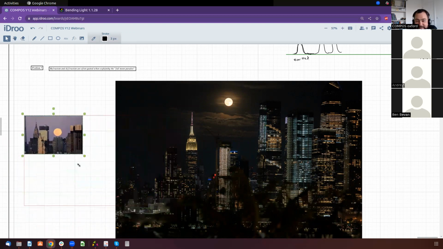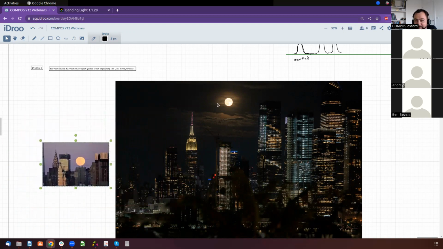Whereas when it's high above in the sky, our brain thinks the moon is actually closer to you, and automatically makes your brain think that it is smaller, whereas actually it is absolutely the same size.